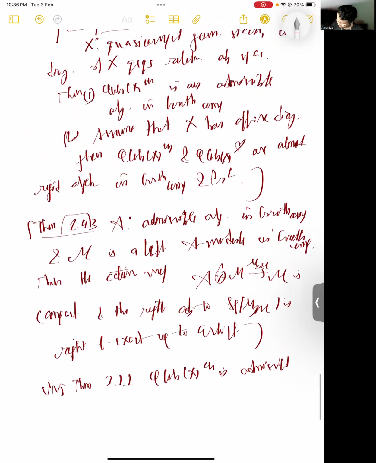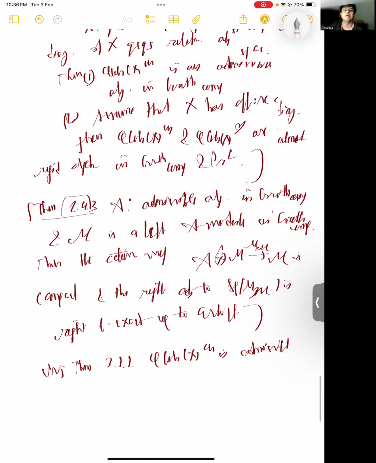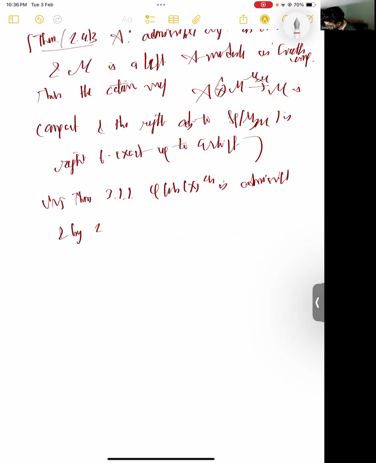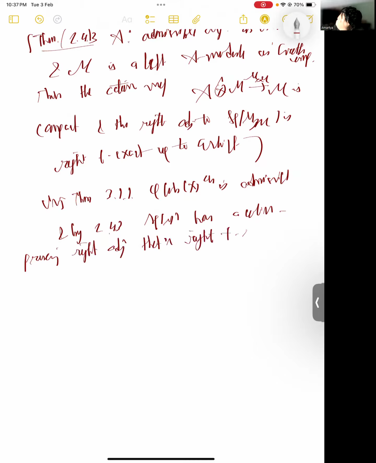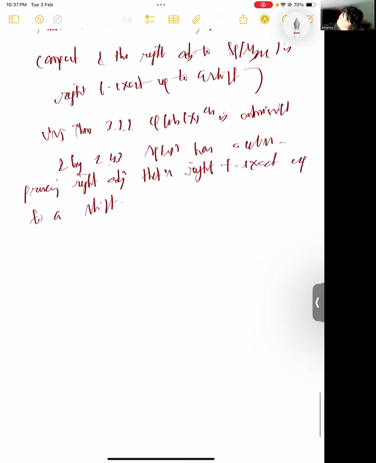And by 2.4.3, this theorem, it follows that mu has a colimit preserving right adjoint that is right T exact up to a shift. Okay, so that was step two.